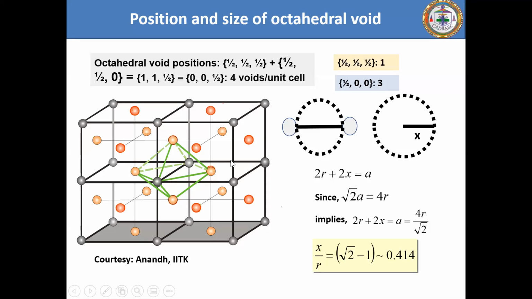You will ultimately get an octahedral void. So that is one. Half, half, half is one in one unit cell. Similarly, half 0 0 is 3. So there are total 1 plus 3 is equal to 4. So there are 4 octahedral voids per unit cell in FCC. Right? You are clear with this?